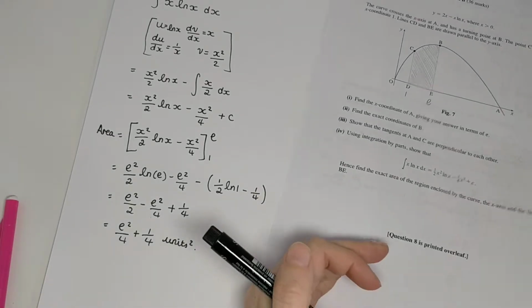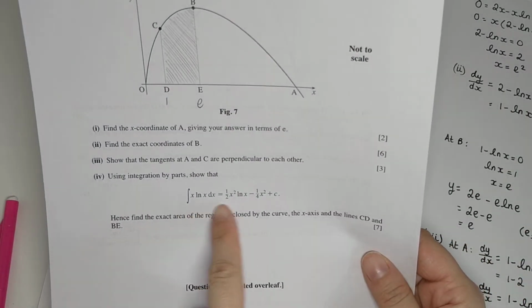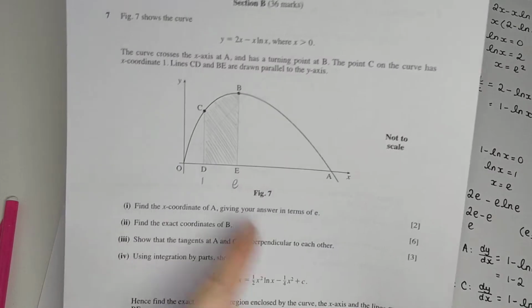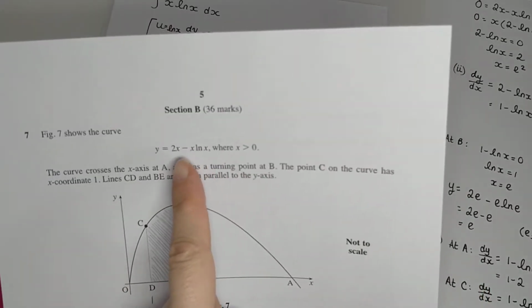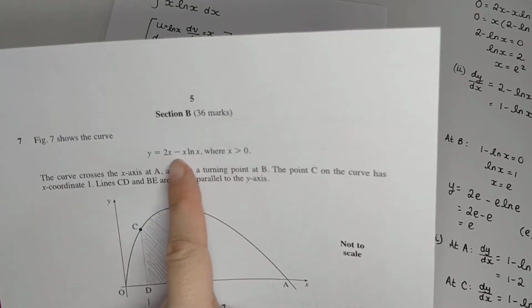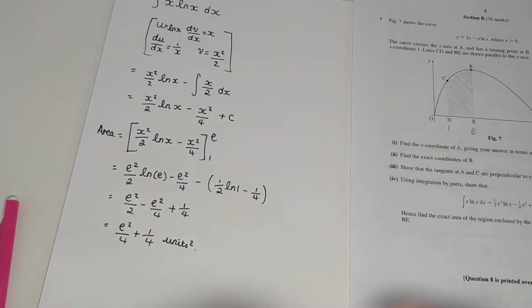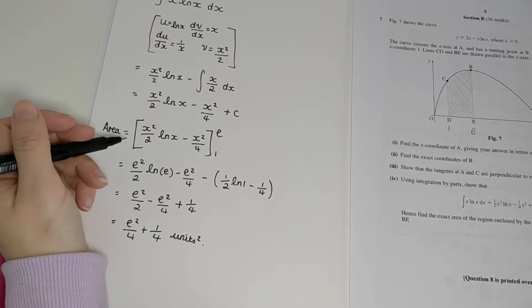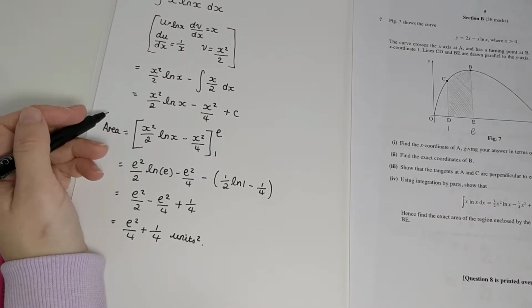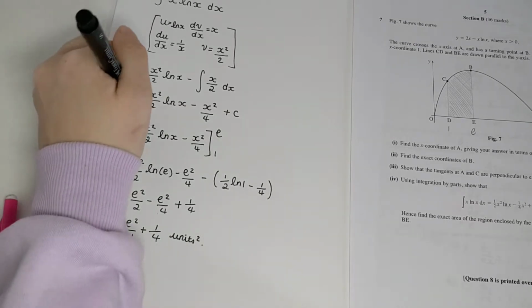Oh, I'm so stupid. This integral isn't this integral. Look, they only did the x log x bit. They didn't do the 2x minus bit. So, I'm so sorry. Should we just do this again?